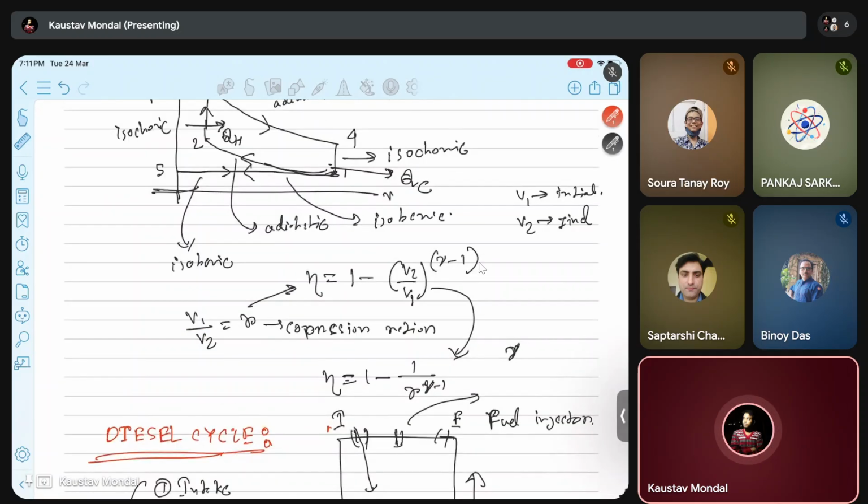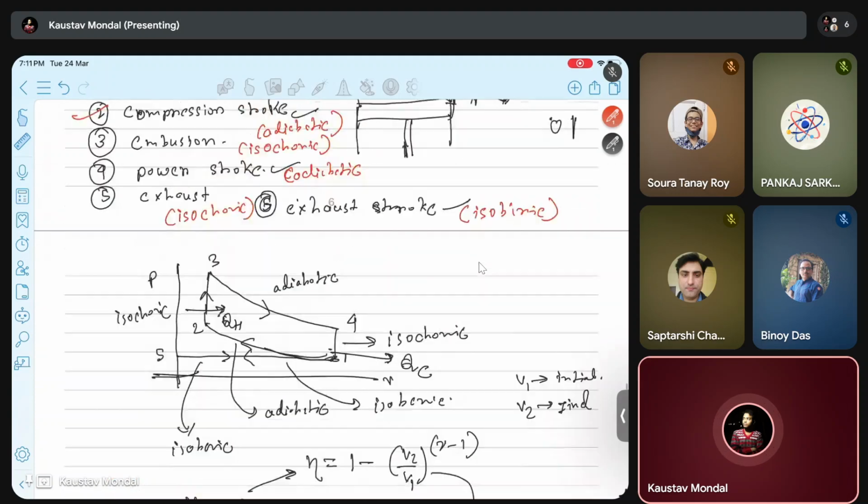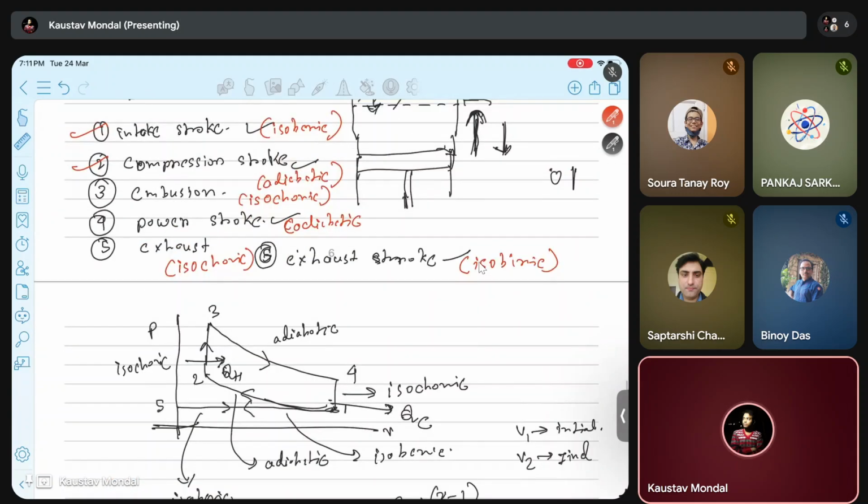the process 2 to 3, where combustion is happening, is the combustion process. For the Otto cycle, this combustion process was an isochoric process.